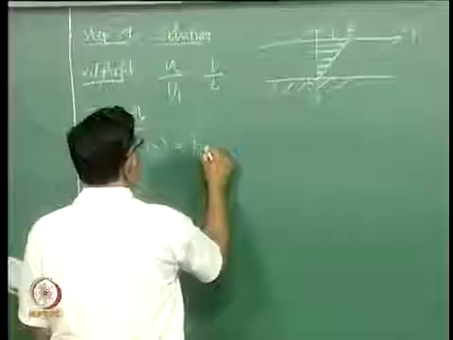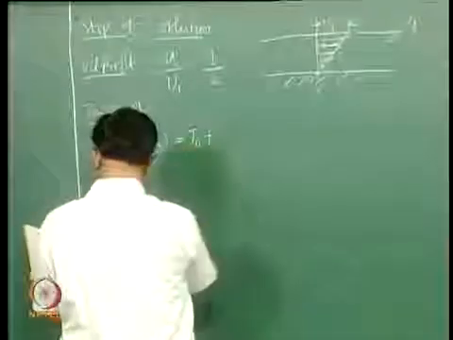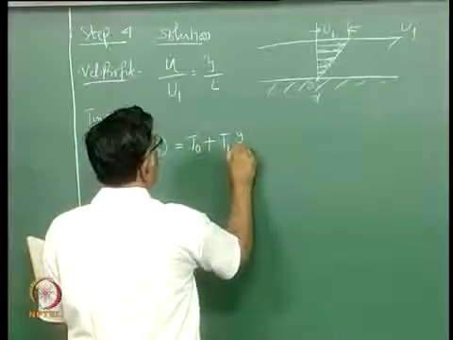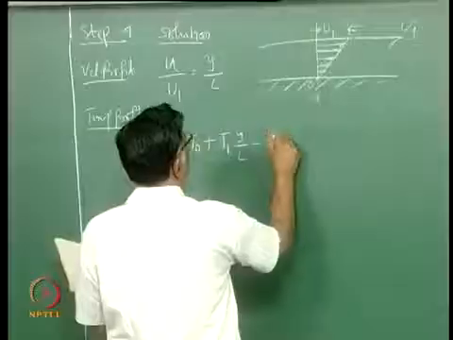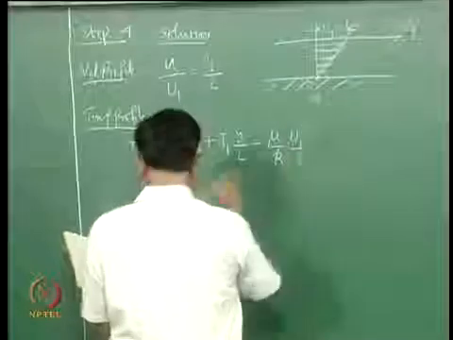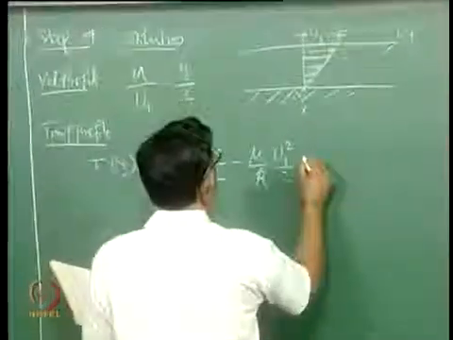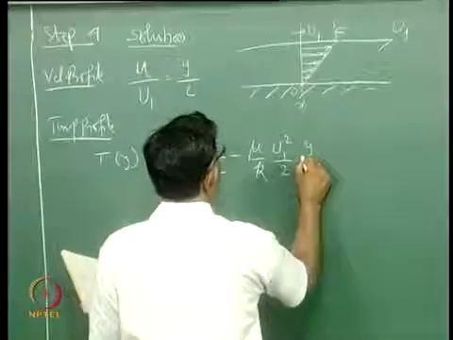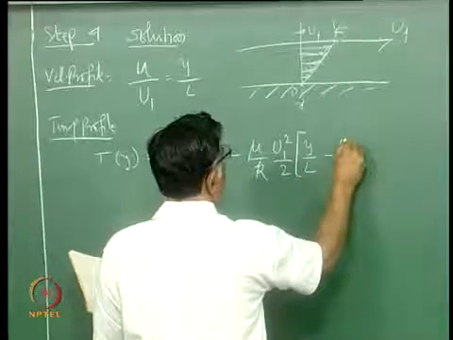T0 plus T1 into y by L, minus mu by k, u square by k. First bracket y by L minus y by L whole square. What is it? Minus, is it? No, y by L here. Bracket y by L minus y by L square.